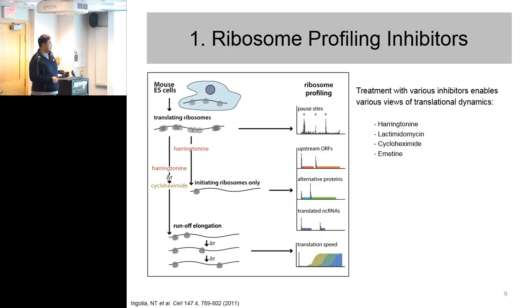So just to review, harringtonine and lactimidomycin will generally stall ribosomes at initiation sites. Cycloheximide and emetine will kind of stall ribosomes wherever they're found.